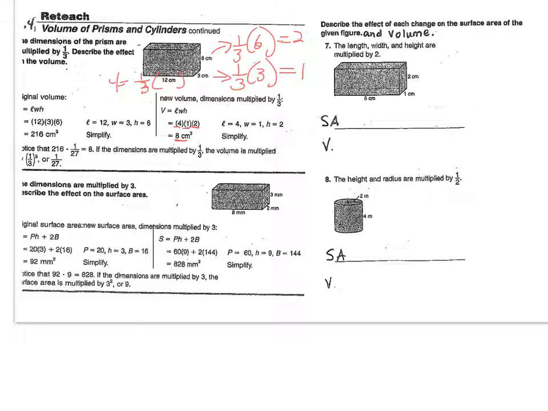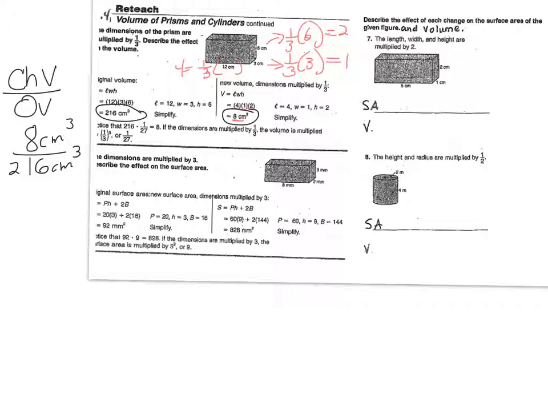To find out what happens, as you recall, the formula was the changed volume over the original volume, which is 8 over the original, that was 216.